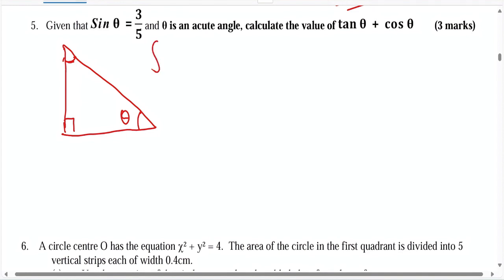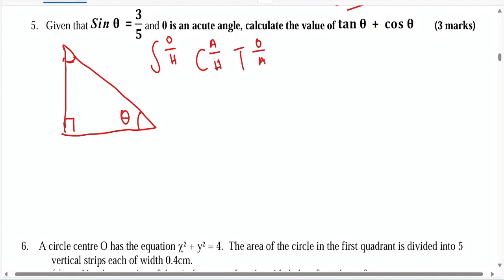So here you must know 3 things. Sin theta is equal to opposite over hypotenuse, cosine theta is equal to adjacent over hypotenuse, and tan theta is equal to opposite over adjacent.